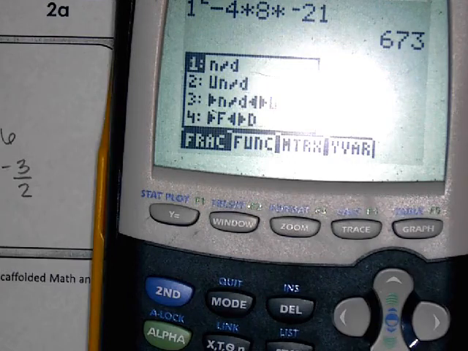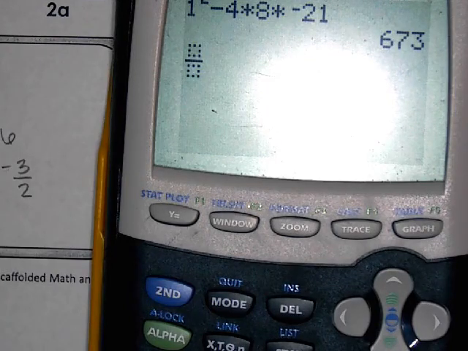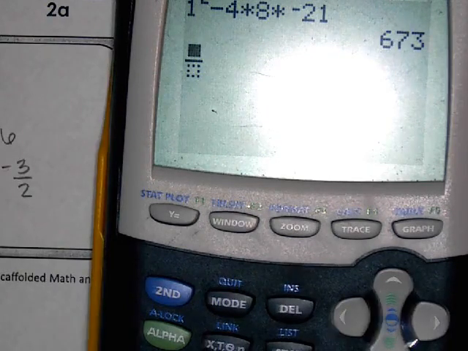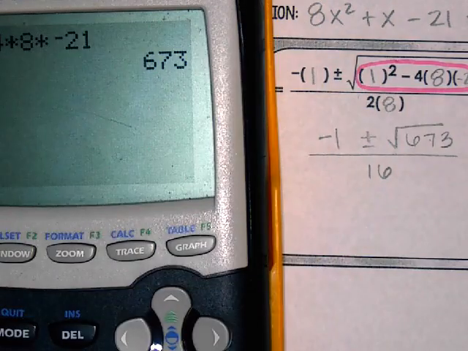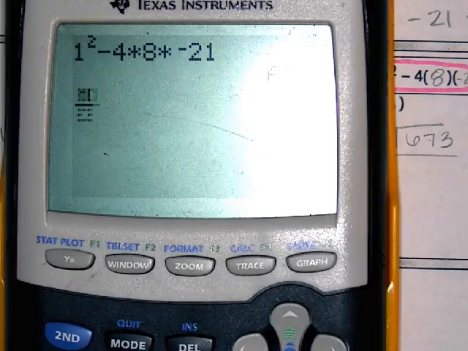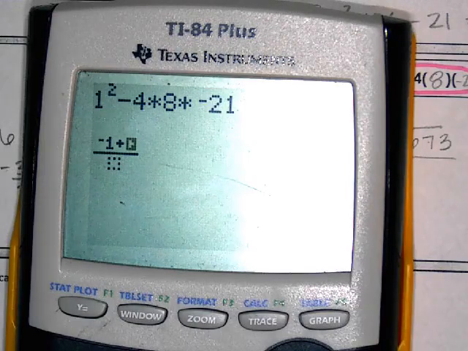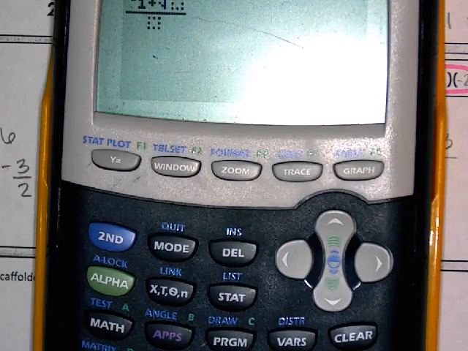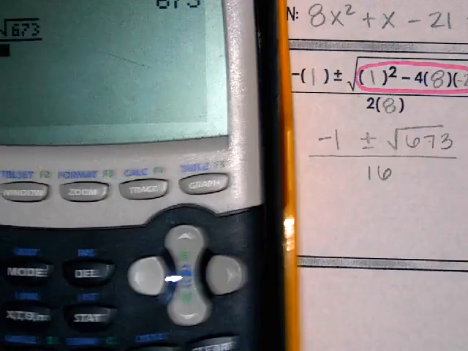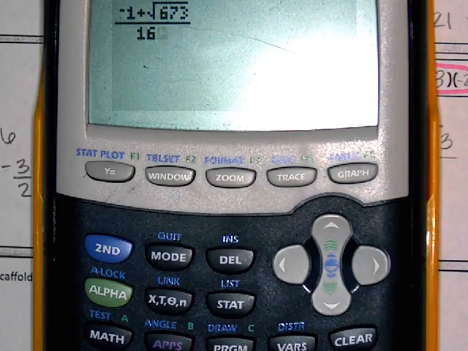So alpha y equals, and then the first option, we've got a negative 1 plus, and then how do we get the square root on our calculator? So blue button, second, x squared. Perfect. So 673, all divided by 16. Okay.